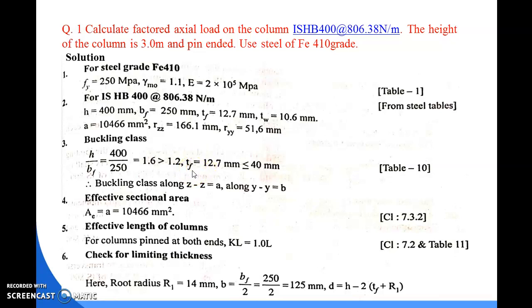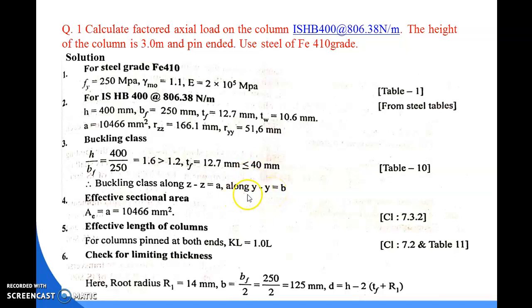Then the second condition is TF should be less than or equal to 40 mm. The value of TF is equal to 12.7, which is less than 40 mm. So the second condition is also satisfied. Hence, buckling is also about the YY axis.